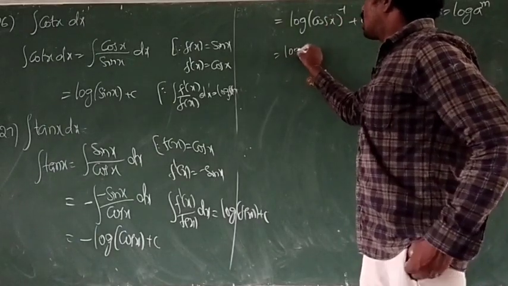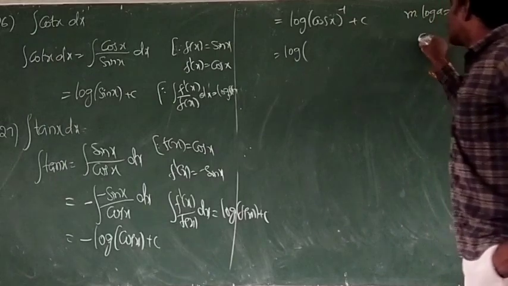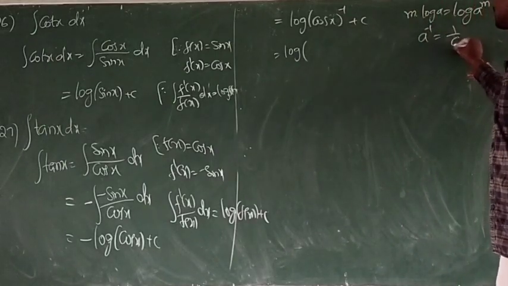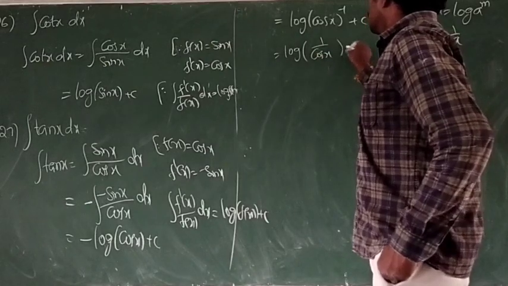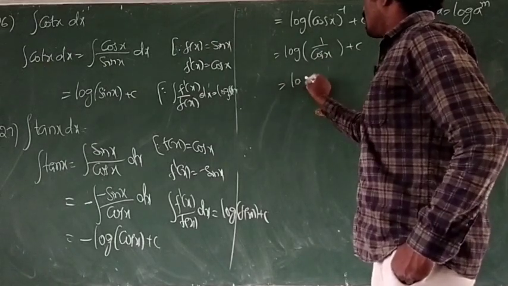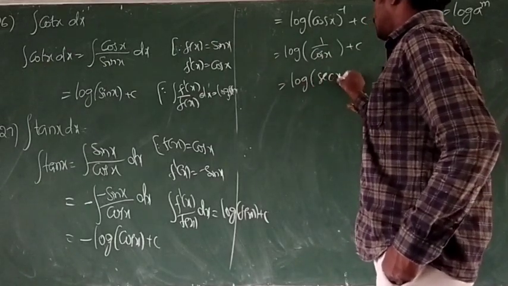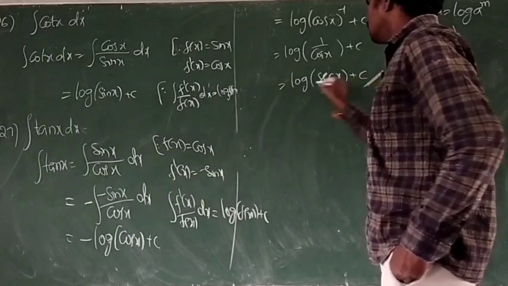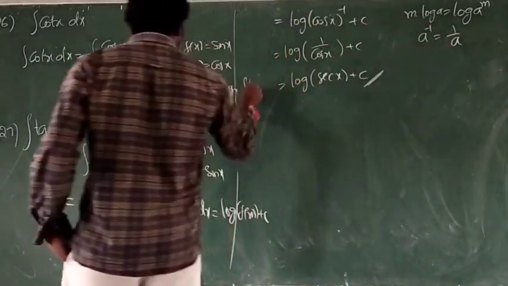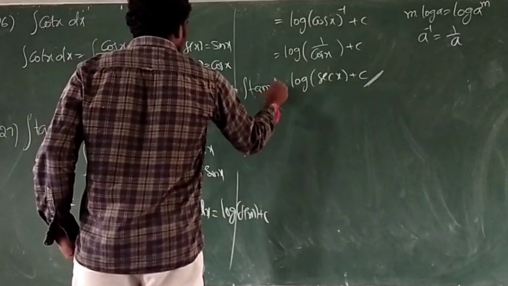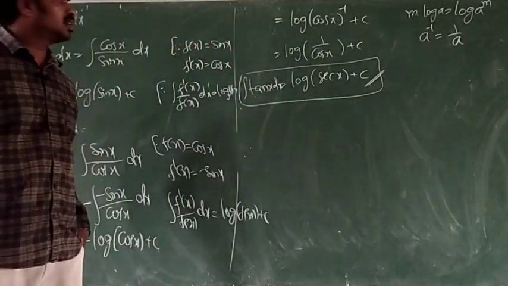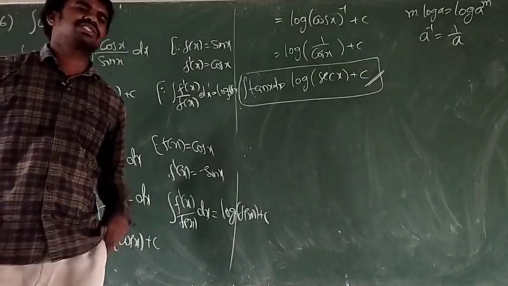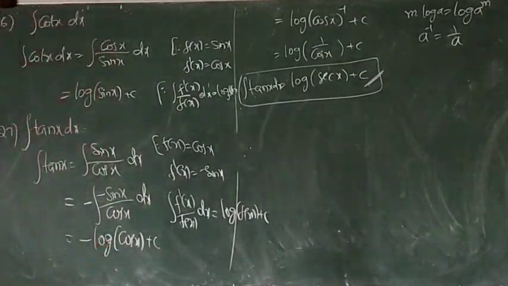For example, a power minus 1 is 1 by a. So like that, log of 1 by cos x plus c, which is log of secant x plus c. So this is the integration of tan x dx. Okay, got the answer? This is the formula. Next, integration of secant x. Okay.